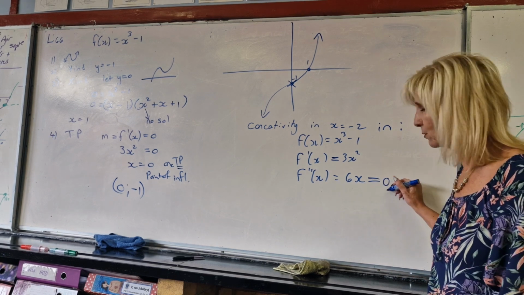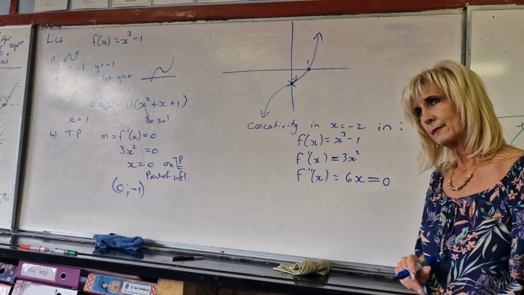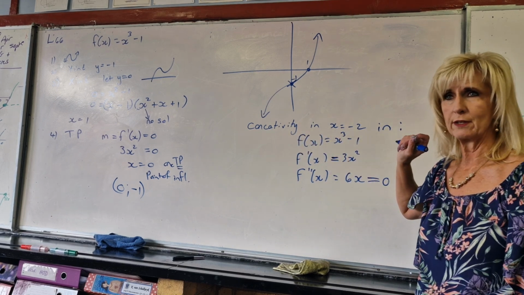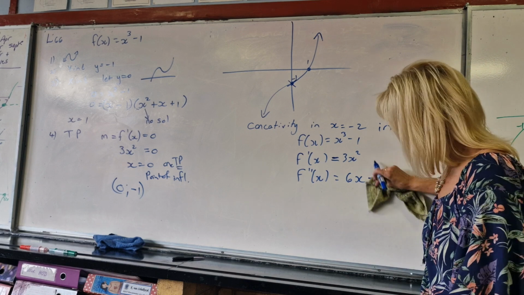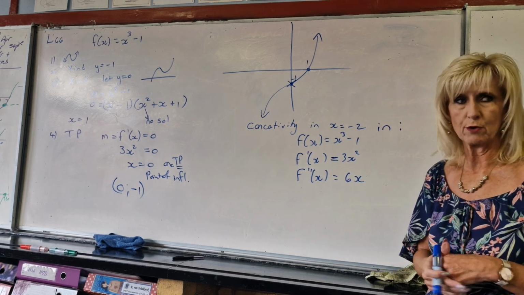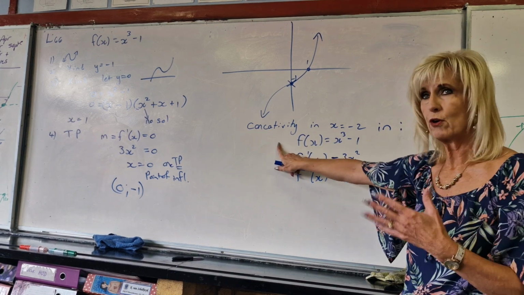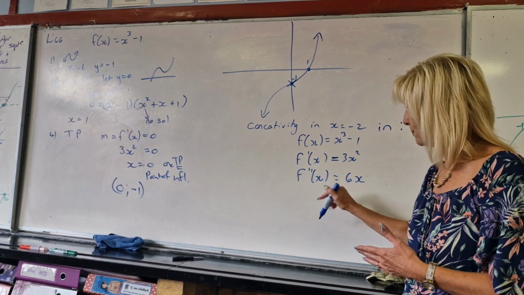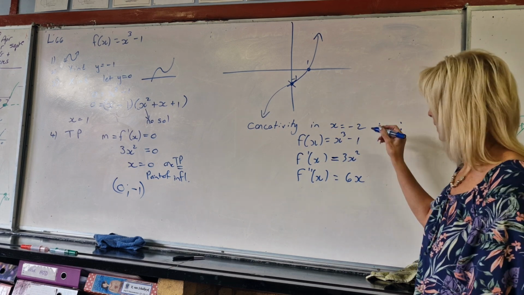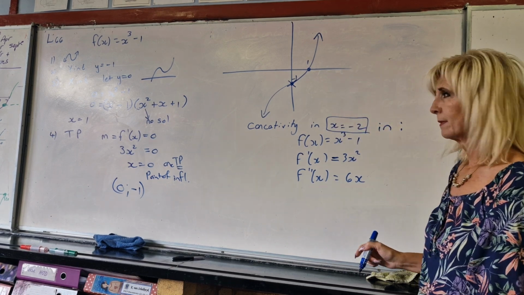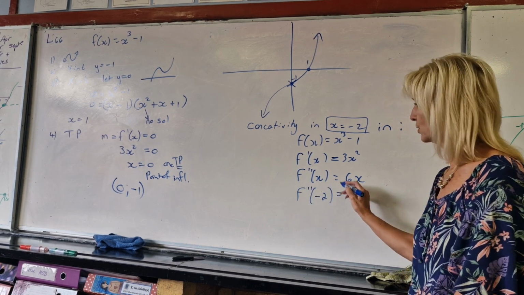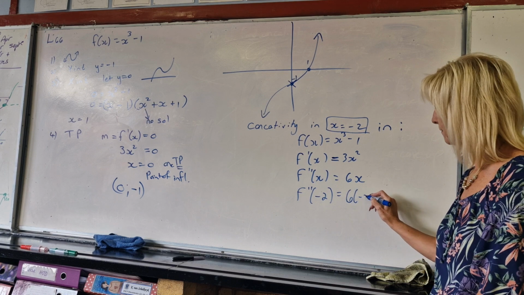So should I write equal to 0? Am I looking for the point of inflection? I'm not. And if you write 0 when you shouldn't, or you don't write it where you should, you're going to lose marks. I'm only looking for the concavity at that point. So I'm looking for the double derivative at the point where x is negative 2, so I'm going to take the x and substitute, function notation, with a negative 2.